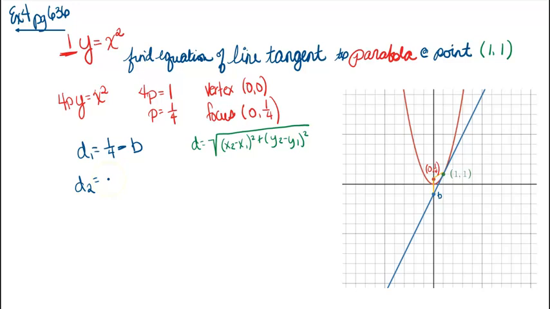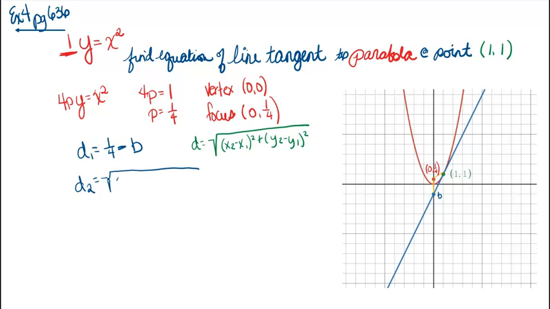So now all I have to do is plug in the numbers. Okay, so my first point will be the green point 1, 1. My second point will be the focus, point 0, 1/4.